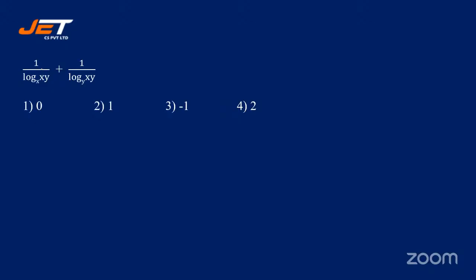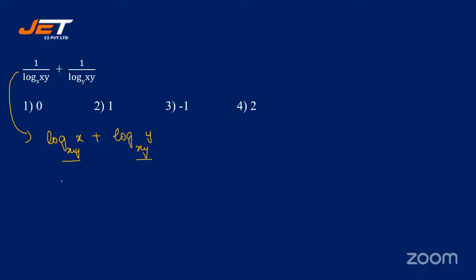1 by log xy to the base x plus 1 by log xy to the base y. How do you write this? Right. When you are converting this, numerator by denominator into denominator by numerator, you write it as log x base xy plus log y base xy.